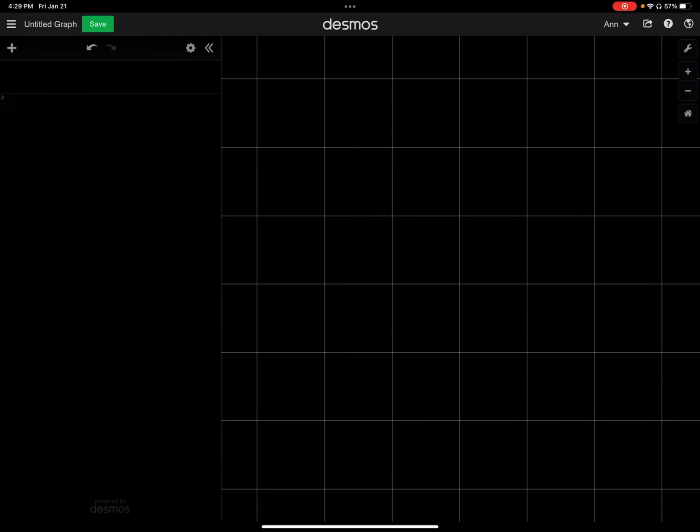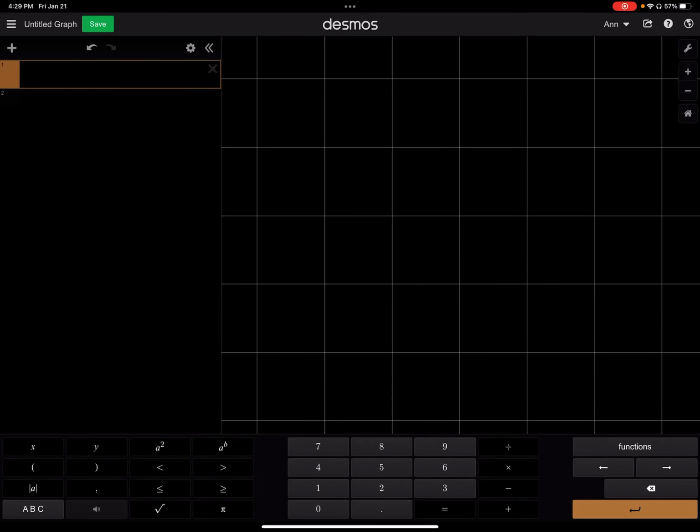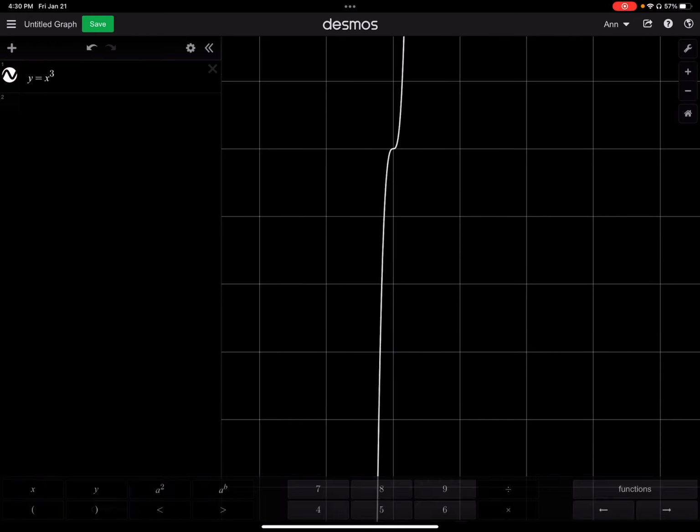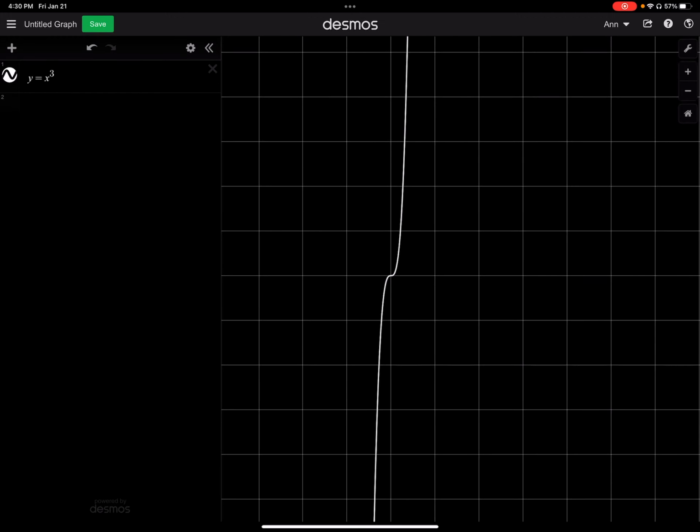So let's talk a little bit about what's going on here. It turns out that every odd degree polynomial is going to have the same basic shape. It's all going to look something like this. It's going to make what I call the John Travolta.